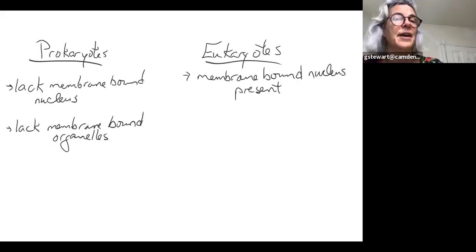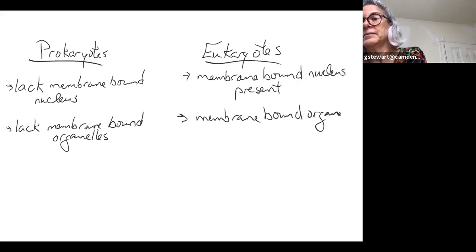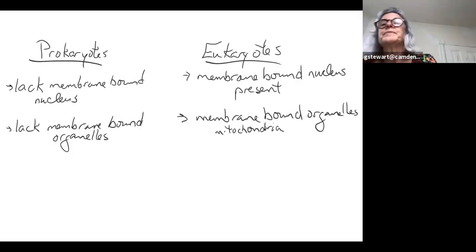They just don't have that capacity in the form of a membrane-bound organelle. And of course, eukaryotes have membrane-bound organelles, like the mitochondria and the chloroplast. Those are probably the two big ones that everyone thinks of right off the bat.